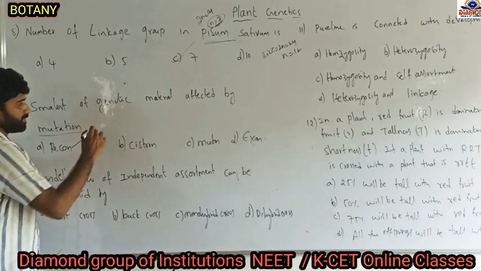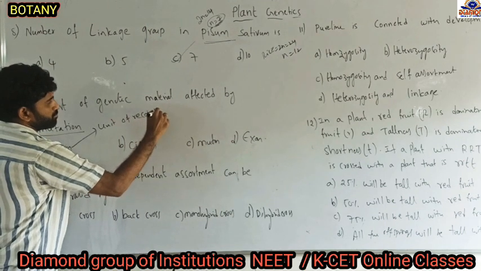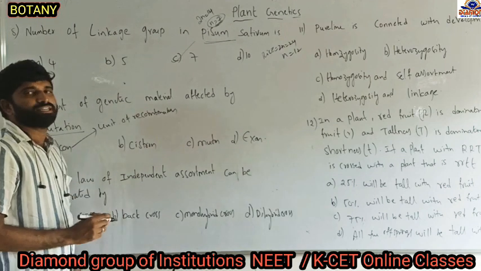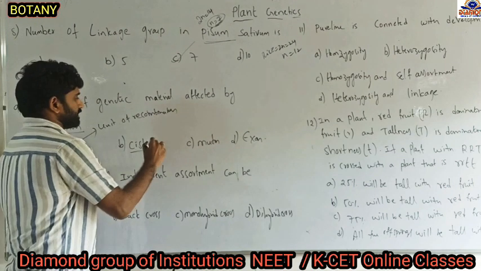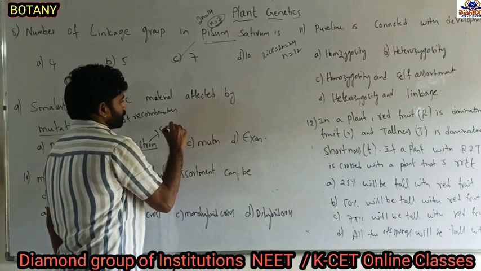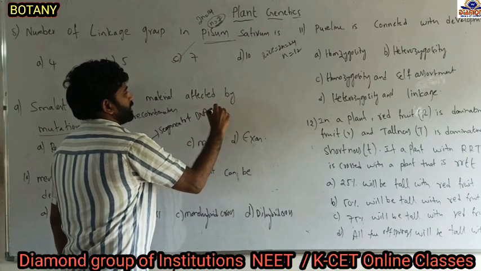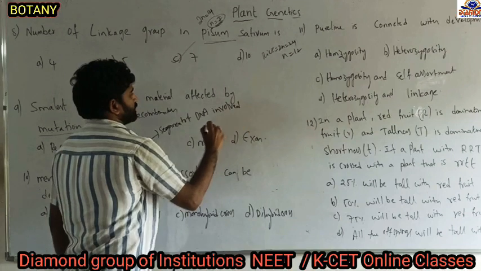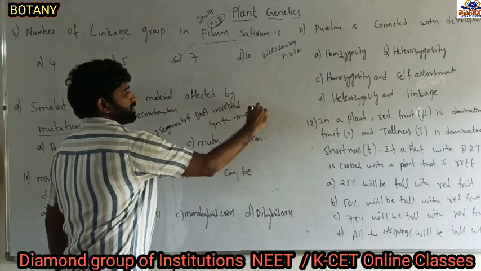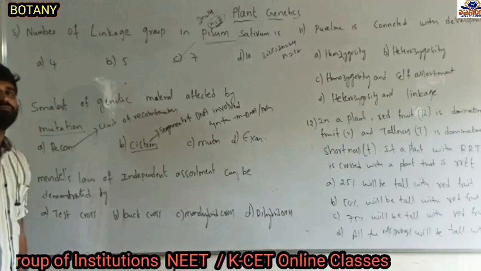Recon represents the unit of recombination, a segment of the DNA involved in the recombination process. Cistron is a segment of DNA involved in the synthesis of mRNA or protein.